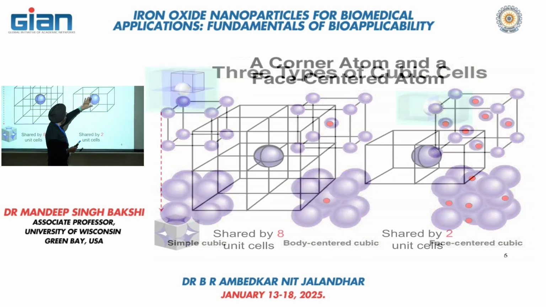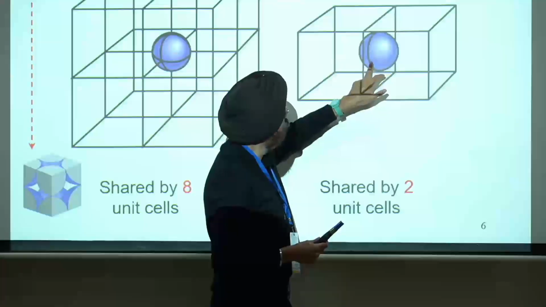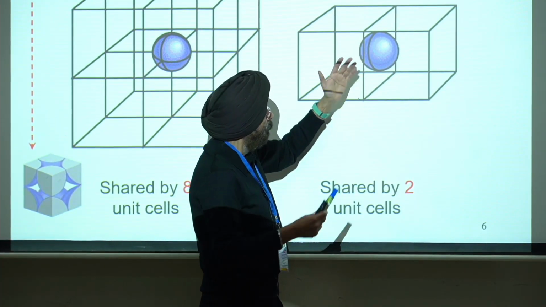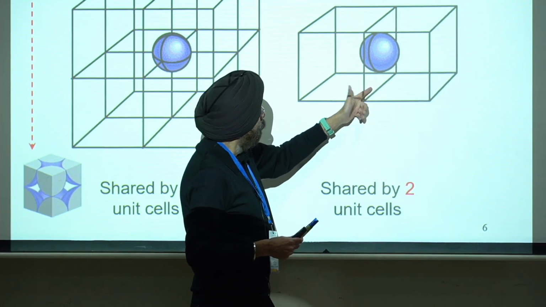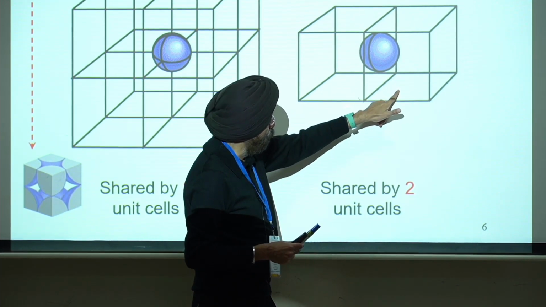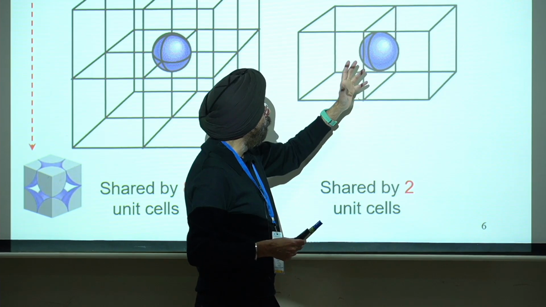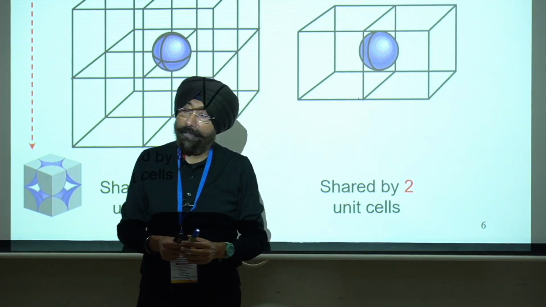So you see, this is one cubic unit cell. There is another cubic unit cell. They have a common face, because they are attached to one another. So this face belongs to this as well as to this one. So the atom possessing this face has half of its surface area included in this unit cell and half in the other unit cell.